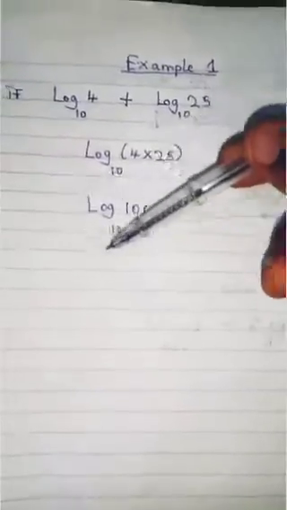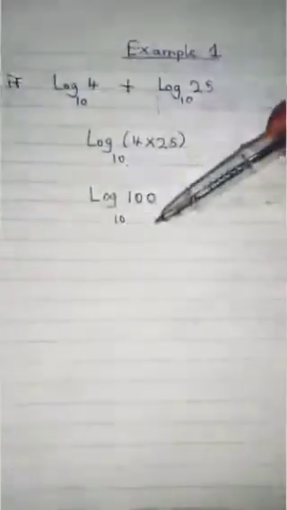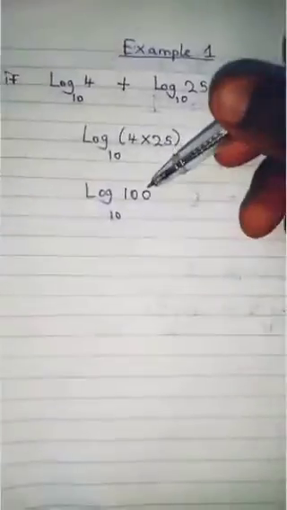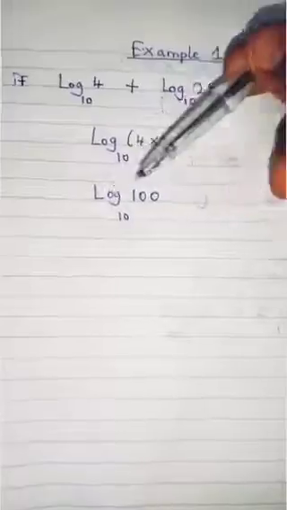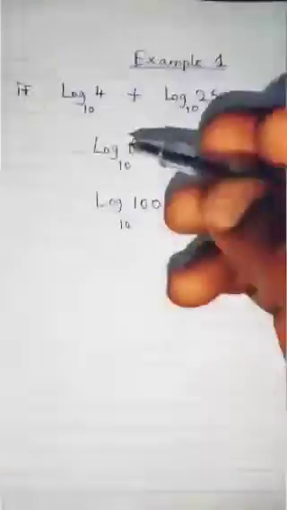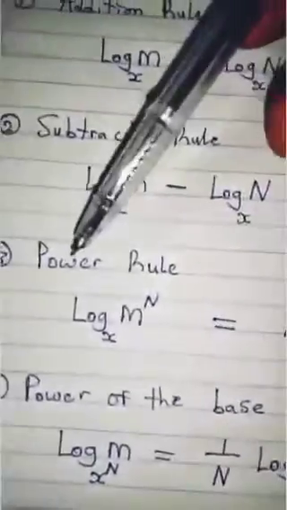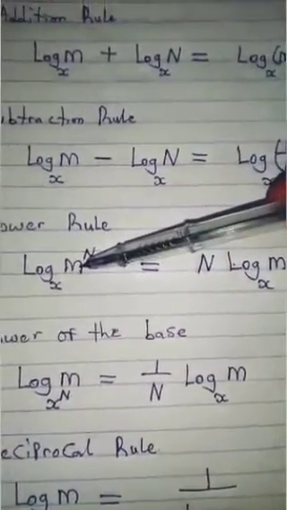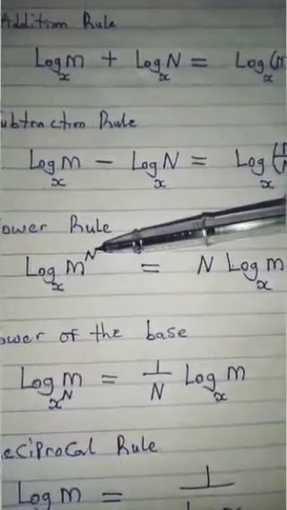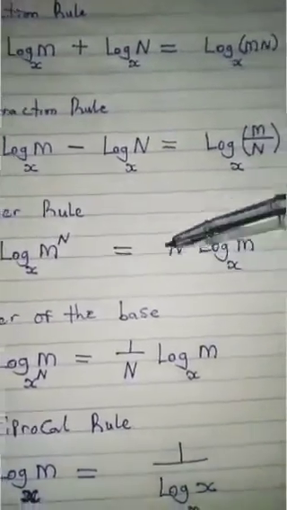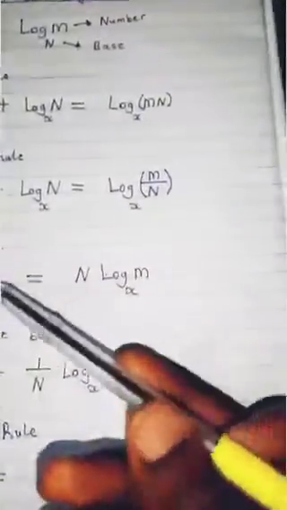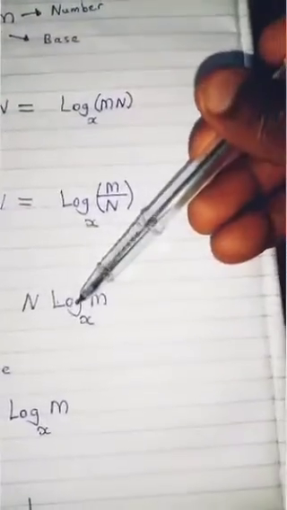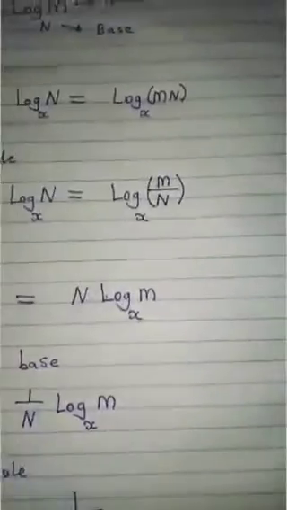From here, we can use different rules to solve it, but the one I'm going to be using now is the power rule. The power rule says if we have log m having power of n into base x, we are going to bring this power to the back, then we'll be having n log m into base x.